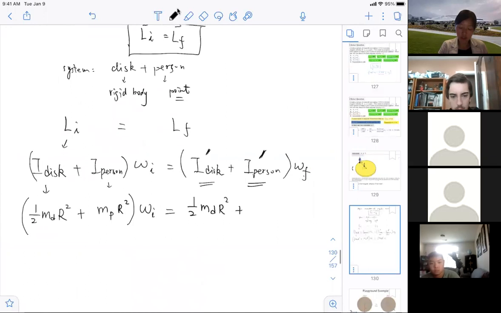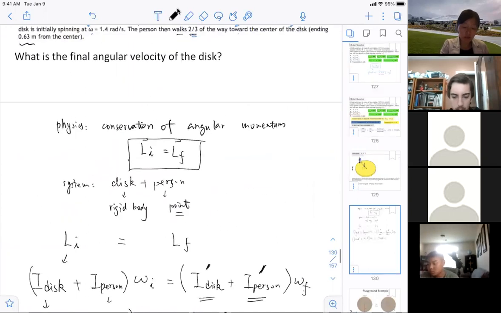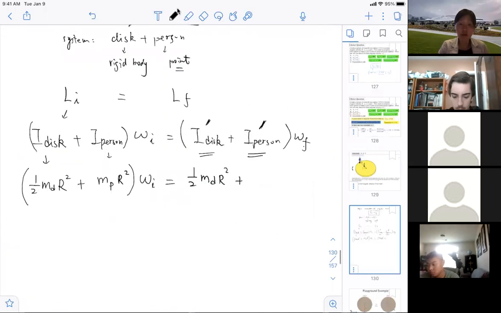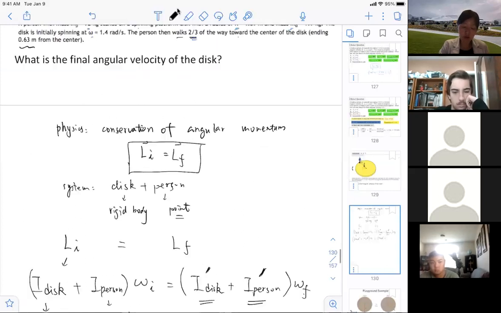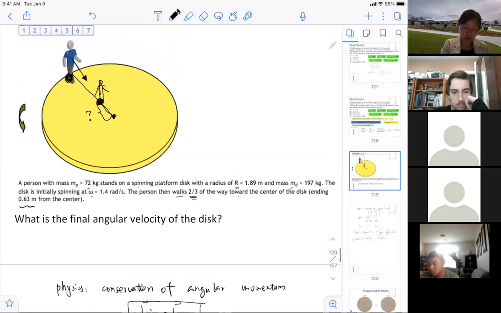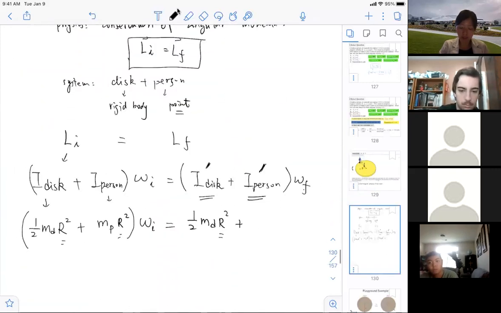So you can call it a D or a little r or something to represent that. But at this point, I want to eventually be able to cancel some of the variables, and I see I have an r all here. So I'm still going to use my r to represent that. I'm just going to call it 1/3 of the r because it walks 2/3 of the way in, which means it is going to be 1/3 of the radius away at the end.